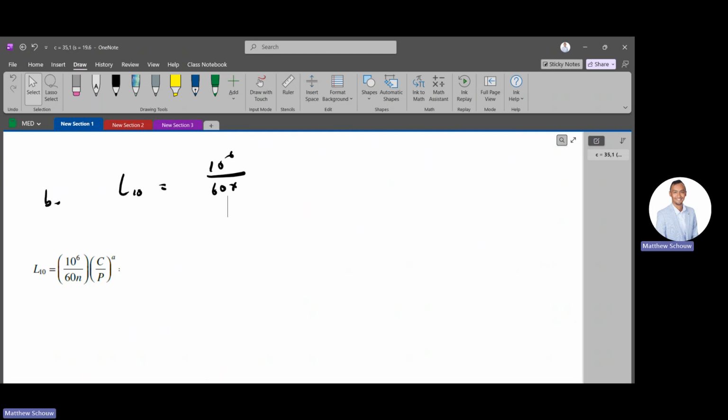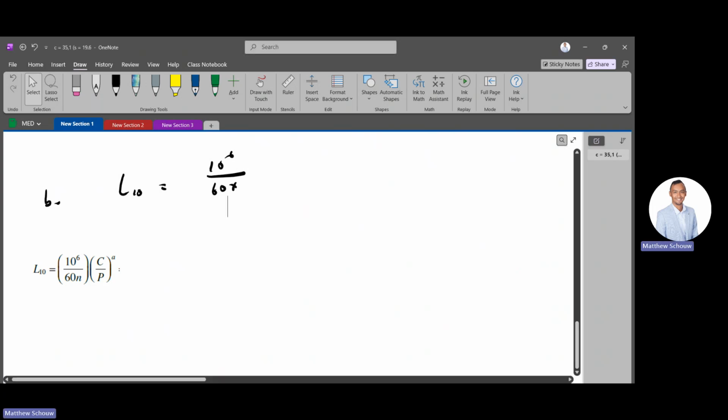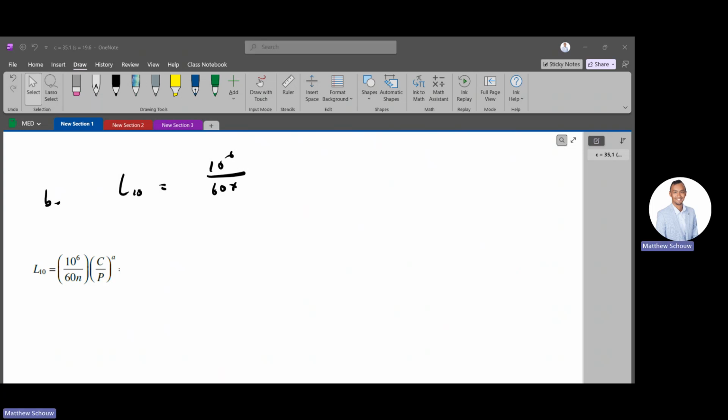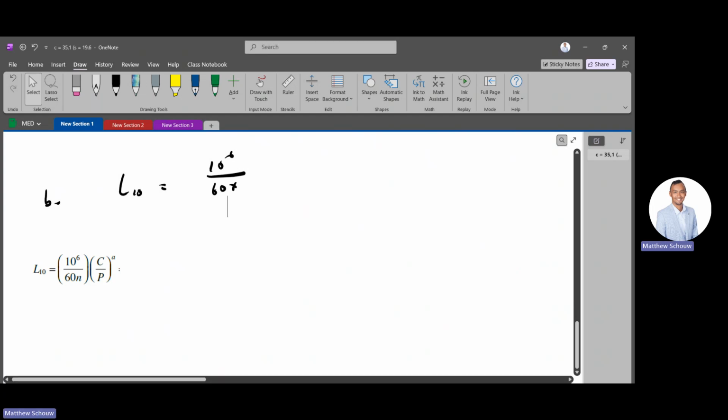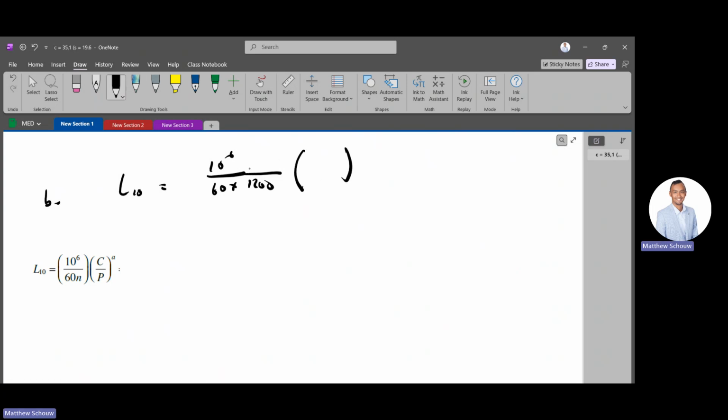A small n typically means revs per minute, right? Let me just confirm. I think we can put in the 60. I'll say 1,200 to begin with. Just got to check the units again. C, which I think we got, what was our C again?